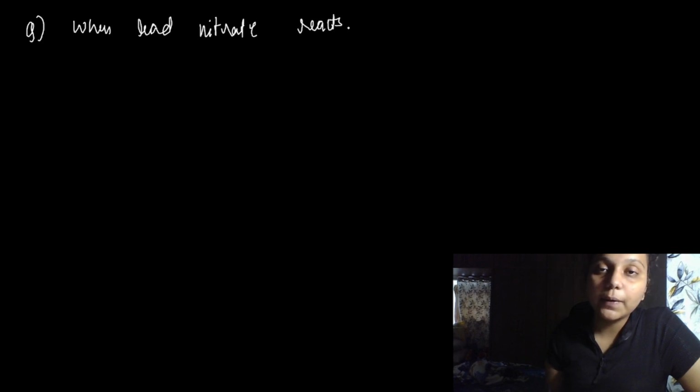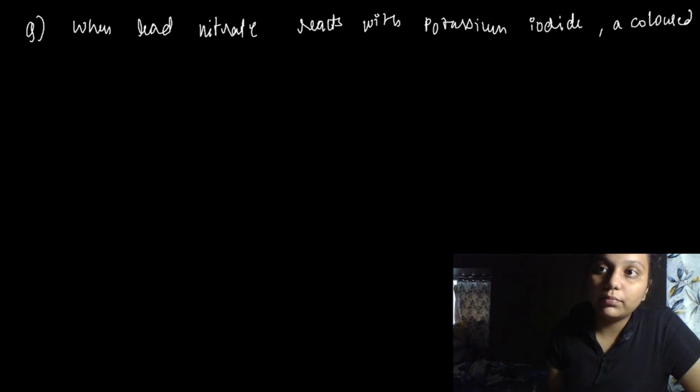In the same way, they ask you different types of questions, like when lead nitrate, do you remember this lead nitrate? Pb(NO3)2, lead nitrate reacts with potassium iodide, a colored precipitate.